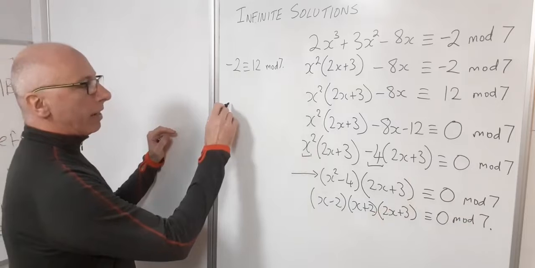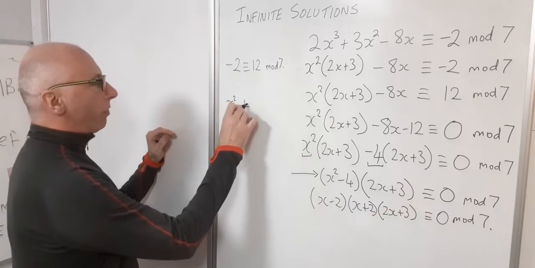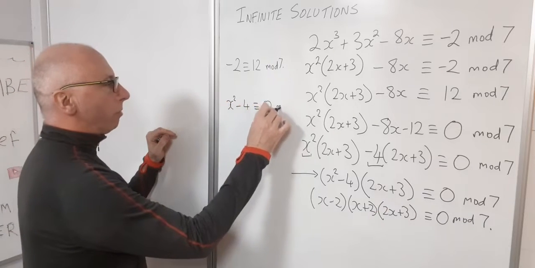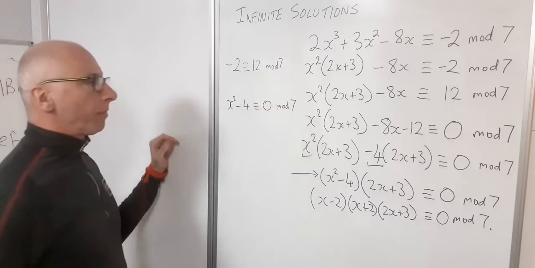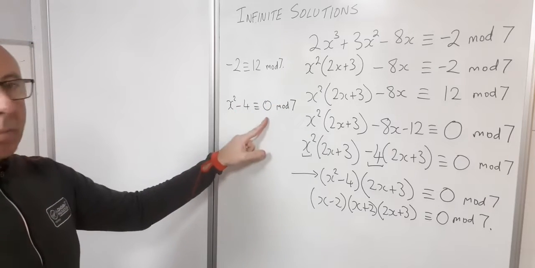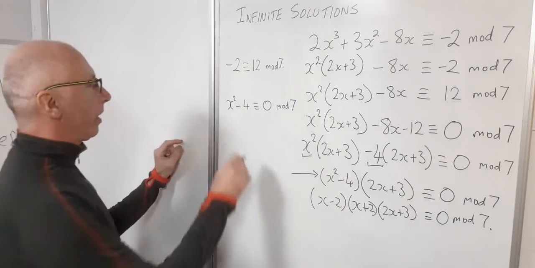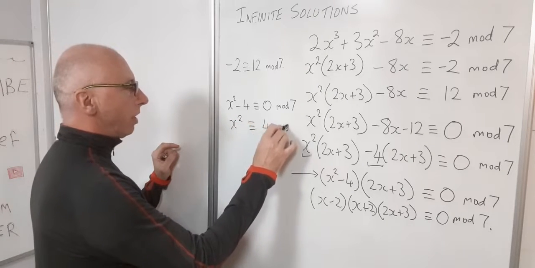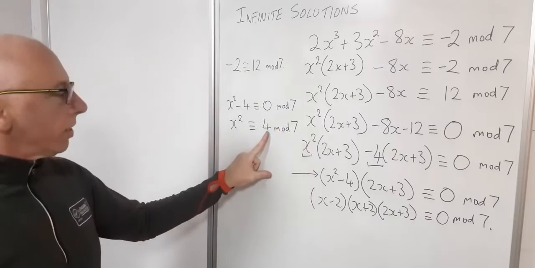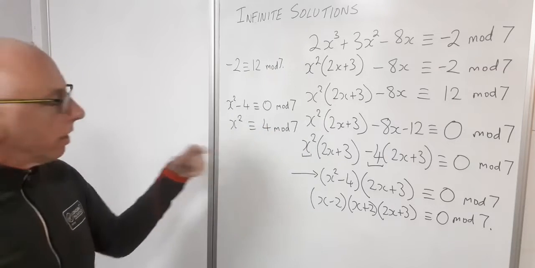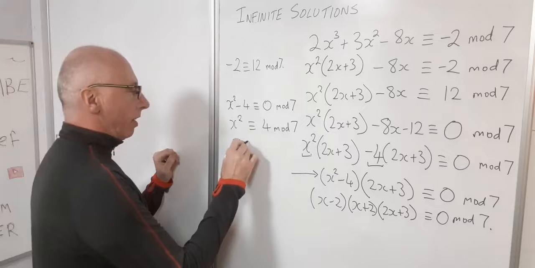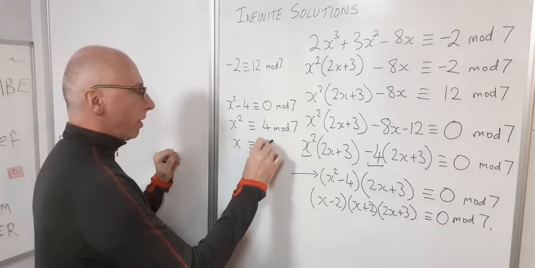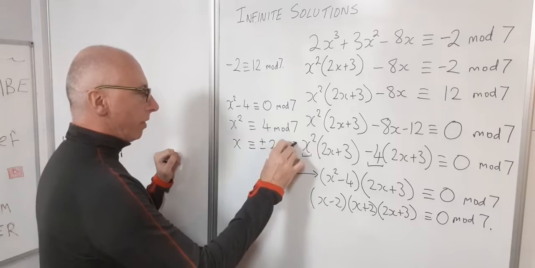So let's go into that. So x squared minus 4 is congruent with 0 mod 7. Okay, well I can bring my 4 onto this side. So x squared is now congruent with 4 mod 7. I know 4, I can take a square root of that, that's fine. So now x is congruent with plus or minus 2 mod 7.